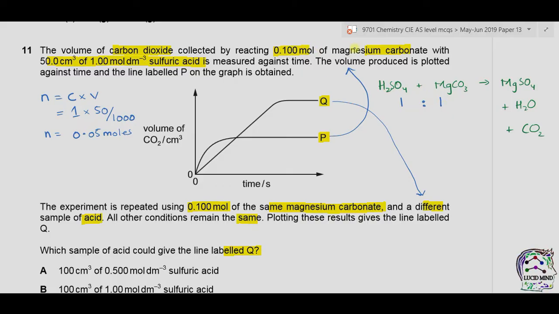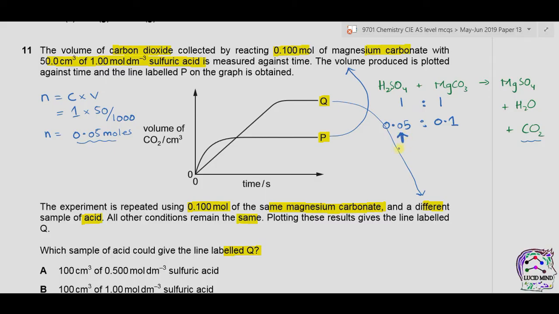We had 0.1 mole of magnesium carbonate and 0.05 moles of sulfuric acid. So the reaction is incomplete because magnesium carbonate is left behind. Now we can increase the volume of carbon dioxide by increasing the number of moles of sulfuric acid.